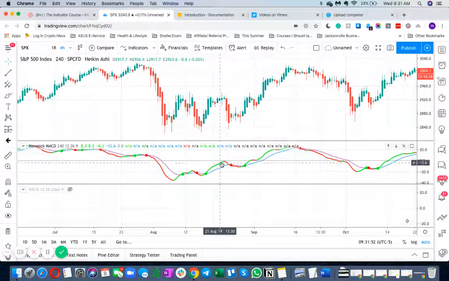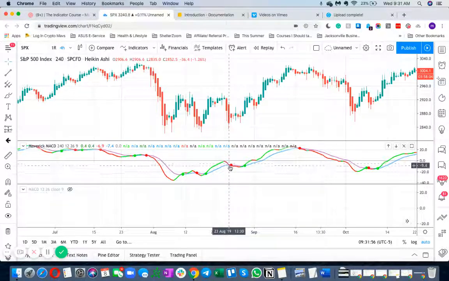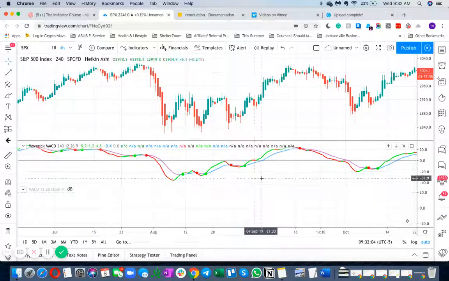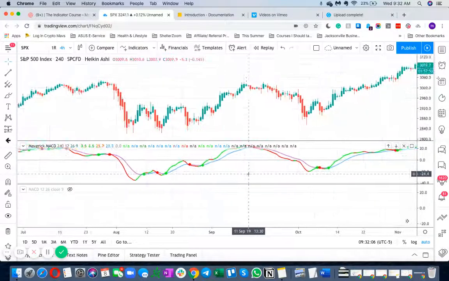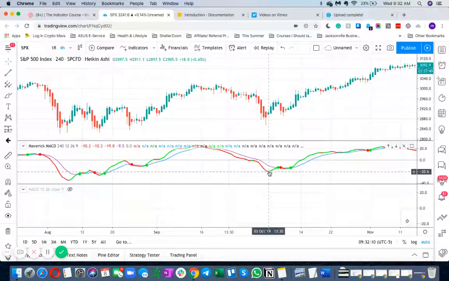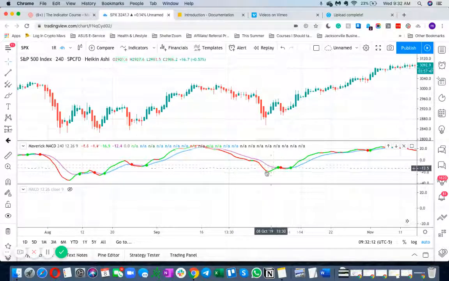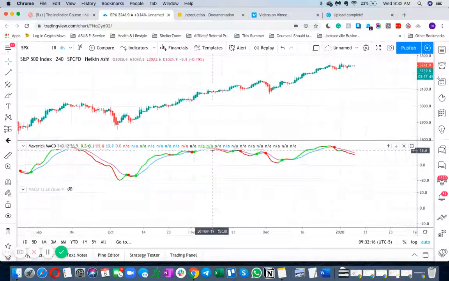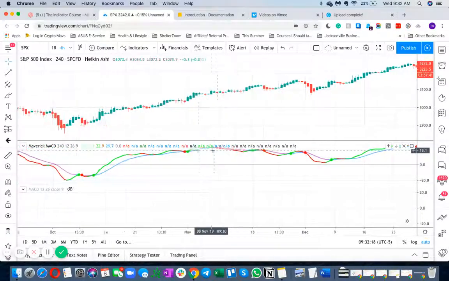See how this is green, upward sloping, and then it turns to red because it starts to go downward sloping. And then we get the cross here, and then again that red circle, and we could get an alert for that as well. Another nice feature to have. You can see it here again, downward sloping, and then it starts to become upward sloping, and it turns to green. It shows you the slope of the line.